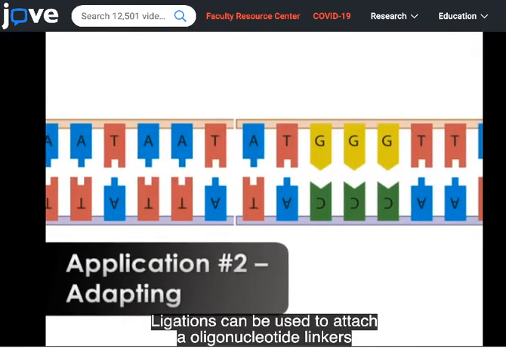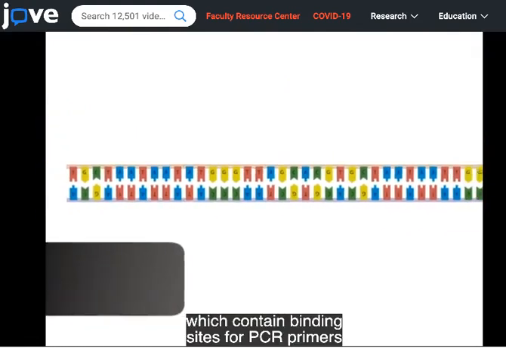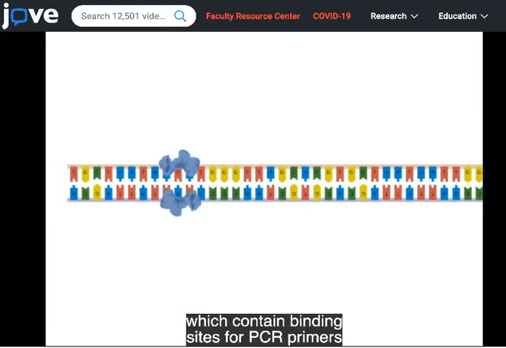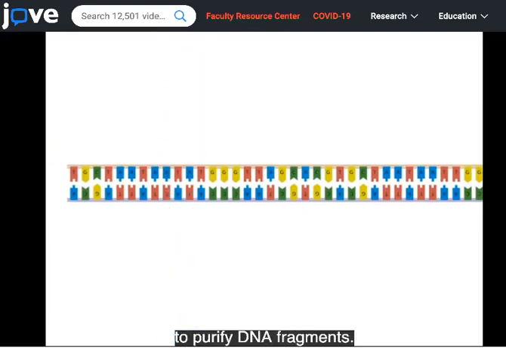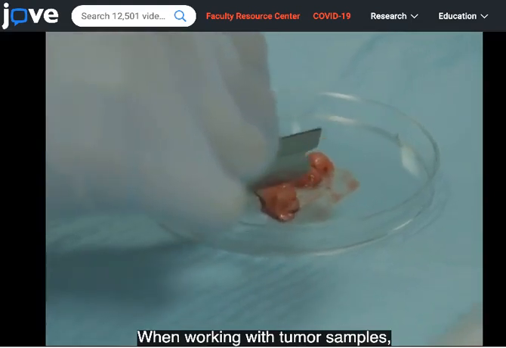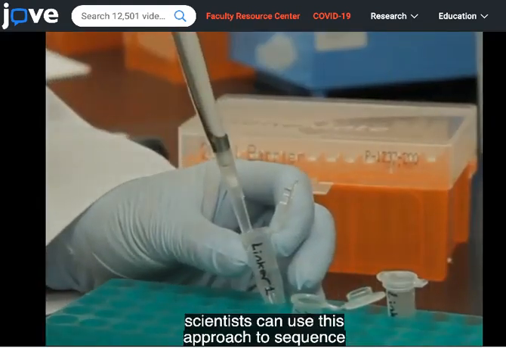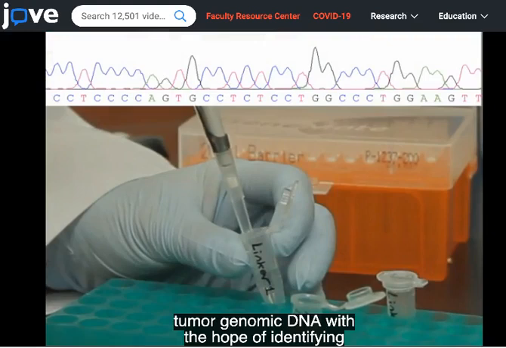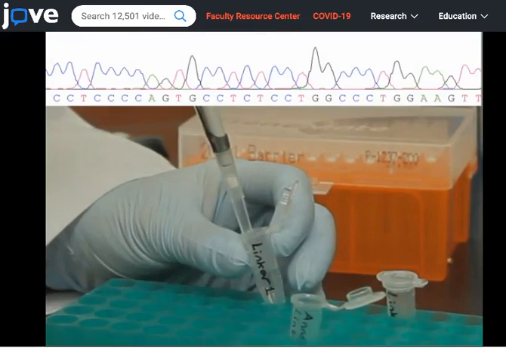brain region. Ligations can be used to attach oligonucleotide linkers, which contain binding sites for PCR primers, to purify DNA fragments. When working with tumor samples, scientists can use this approach to sequence tumor genomic DNA with the hope of identifying tumor-causing mutations.